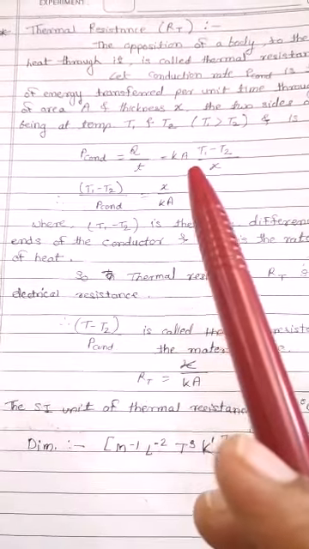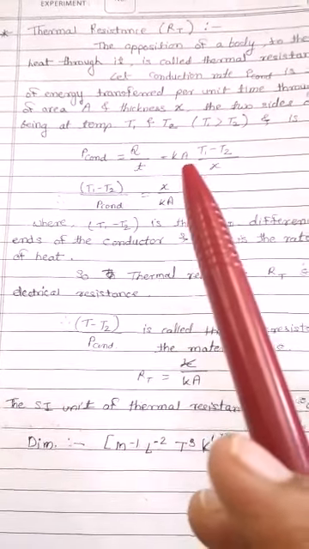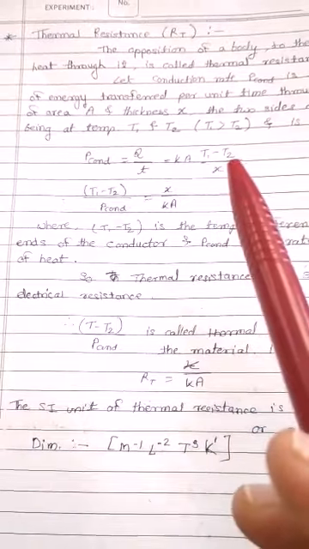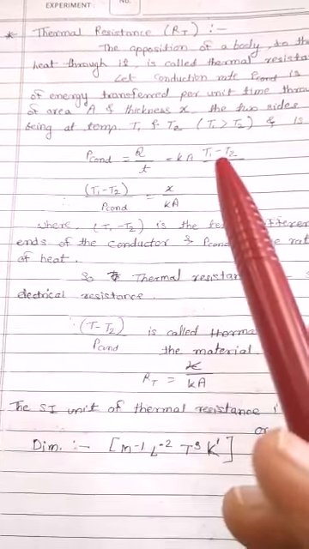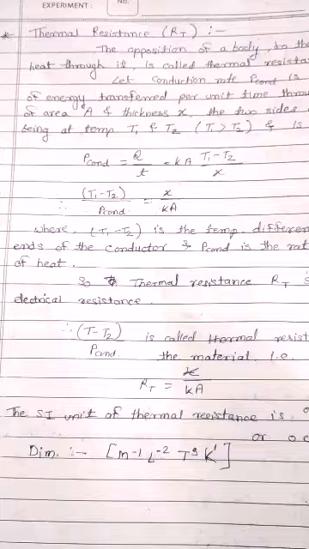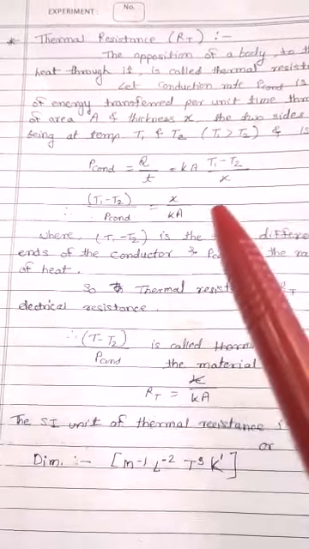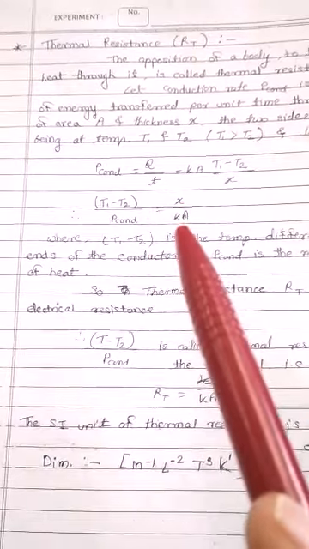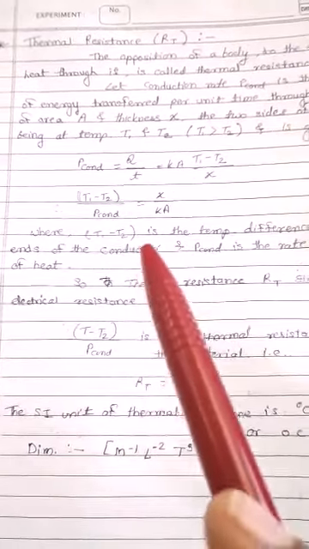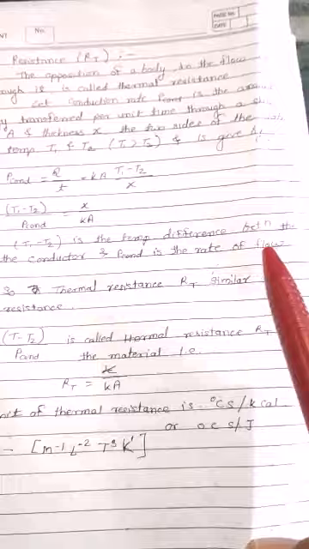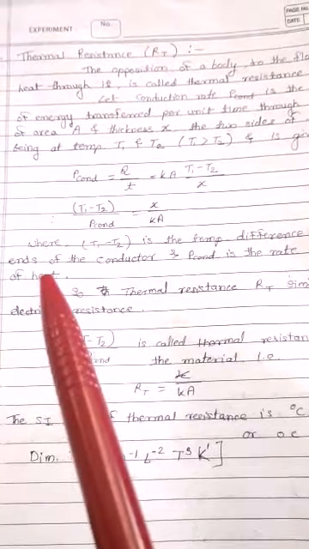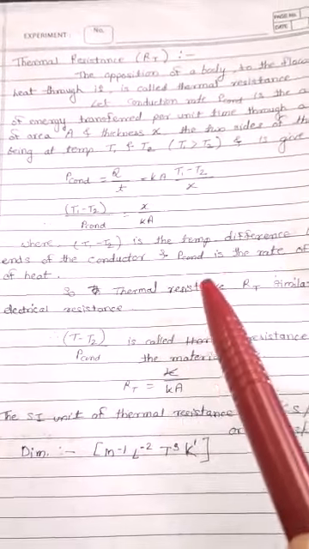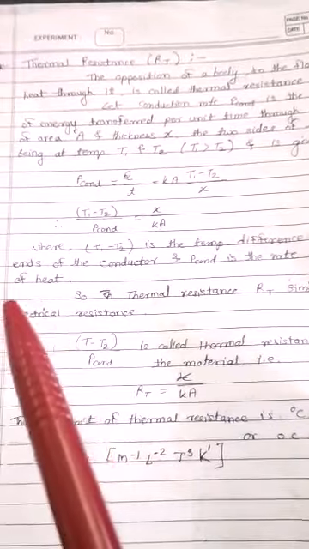A means the area of the slab, T1 minus T2 is the change in temperature, and X is the thickness of the slab. So (T1 minus T2)/P conduction is equal to X/KA, where T1 minus T2 is the temperature difference between the ends of the conductor and P conduction is the rate of flow of heat.